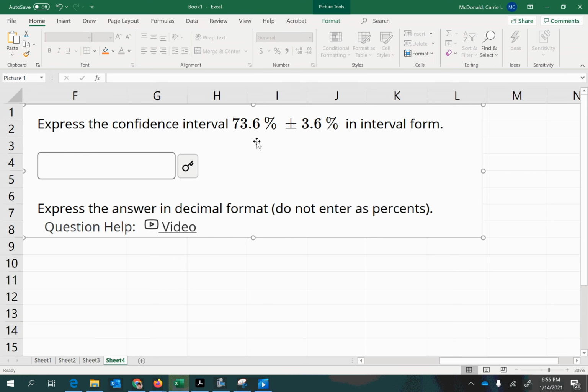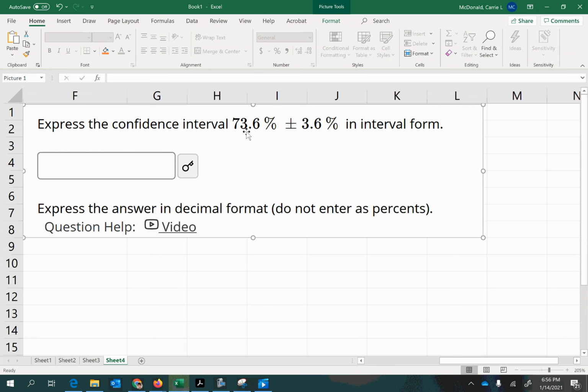But now we want to widen the target, or widen the net, to catch the true population proportion, and we're using this margin of error of 3.6. So starting here, we're going to go up 3.6 and go down 3.6 to create a range of values to estimate the true population proportion.